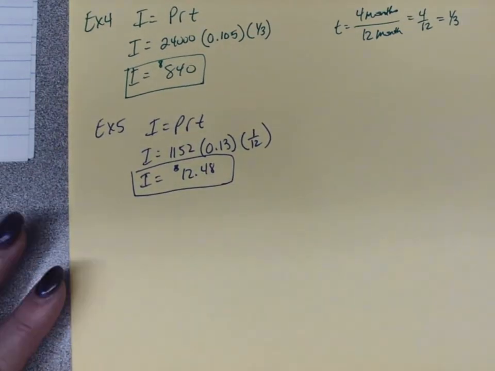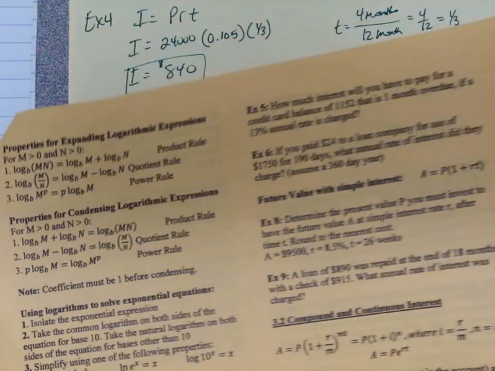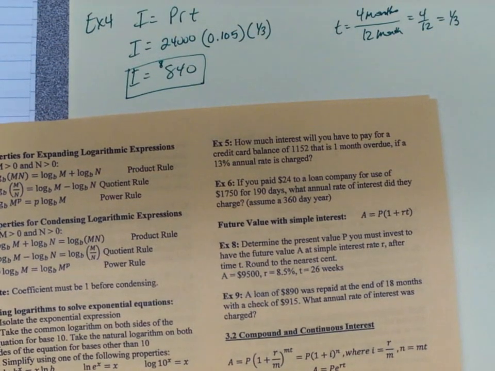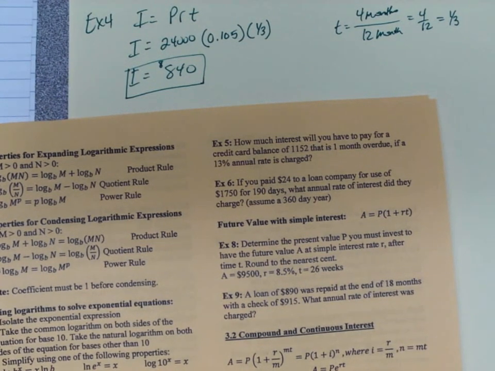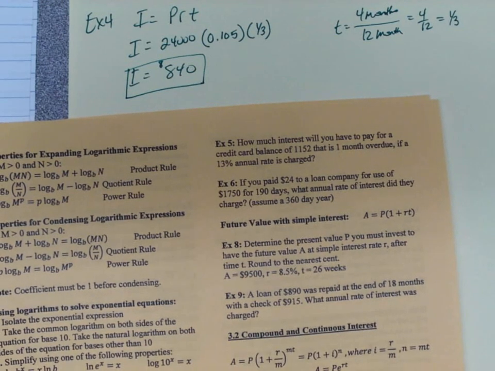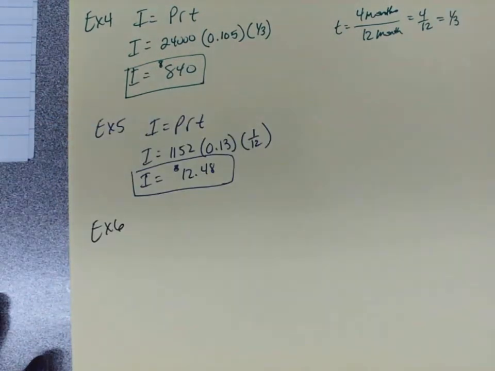All right, let's look at example 6. If you pay $24 to a loan company for use of $17.50 for 190 days, what annual rate of interest did they charge? Assume a 360-day year again. So how much interest did they charge us?